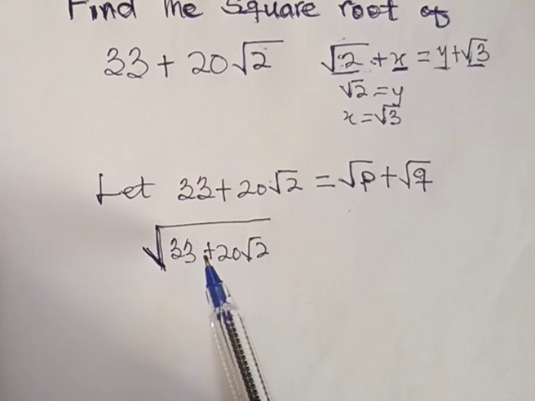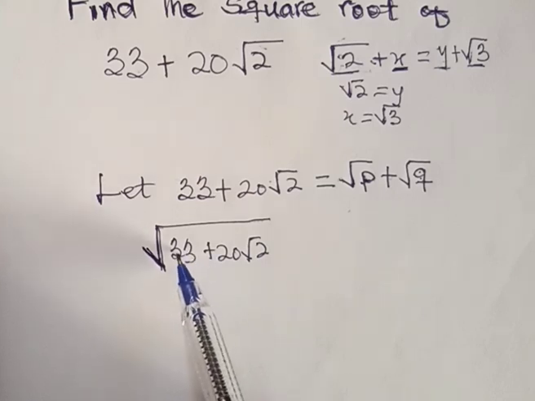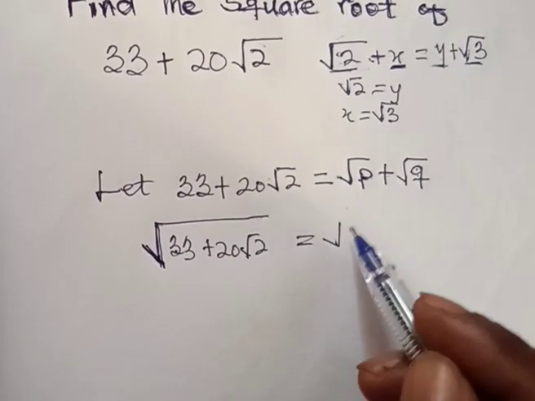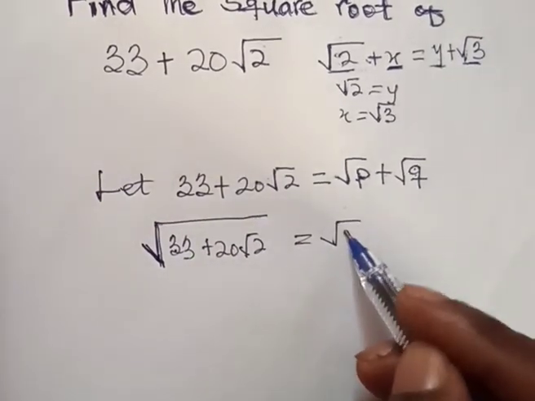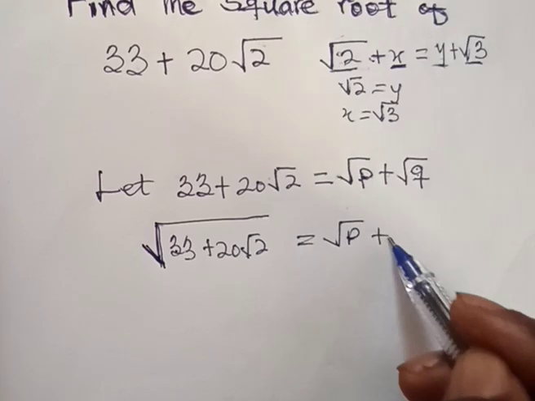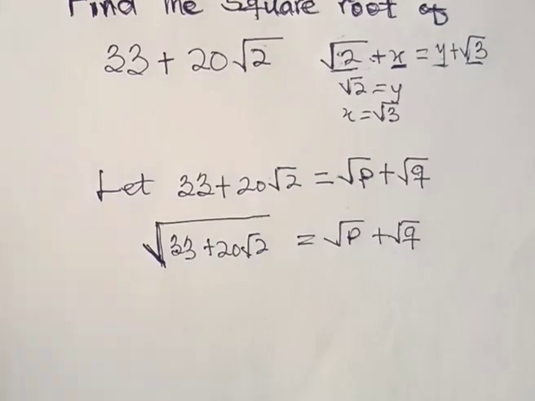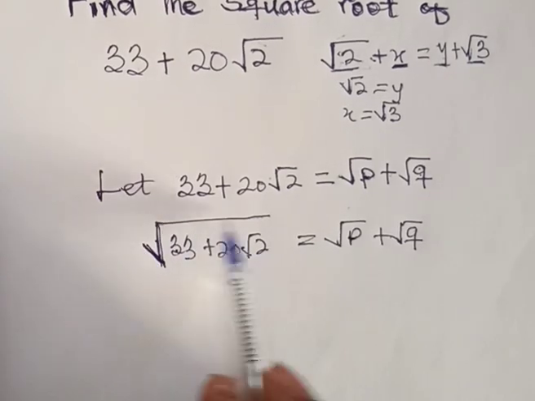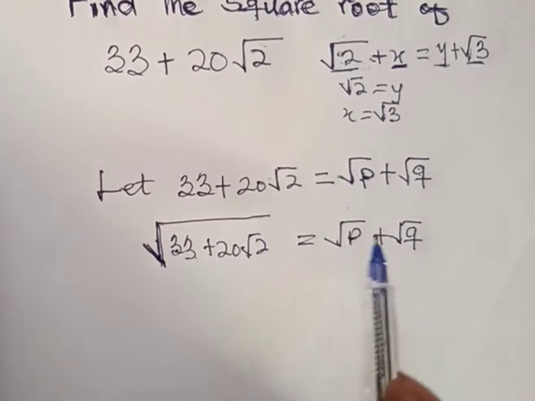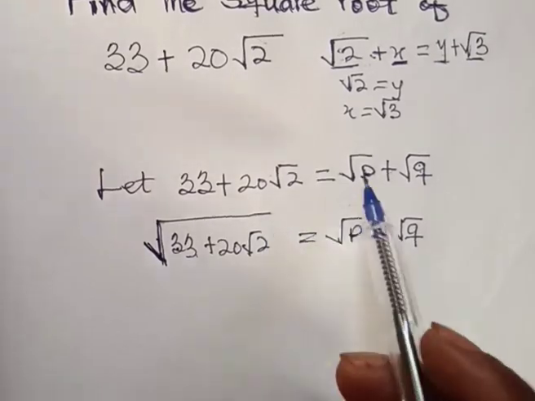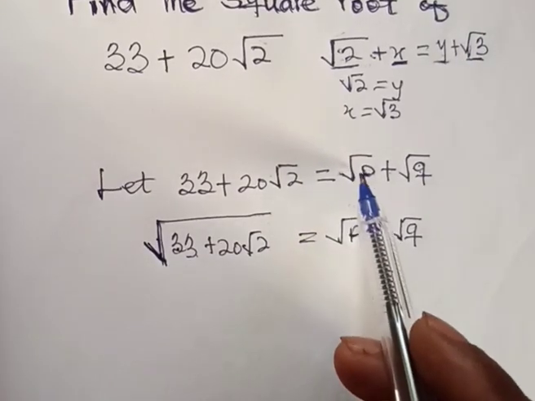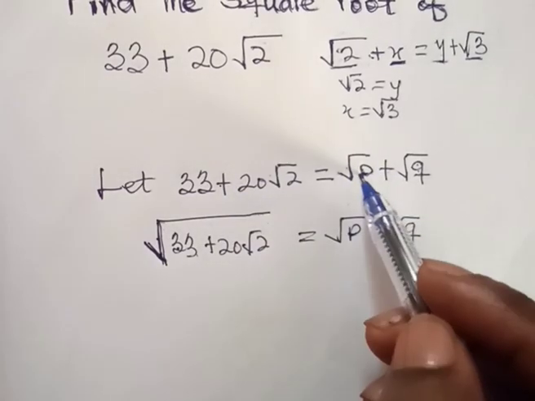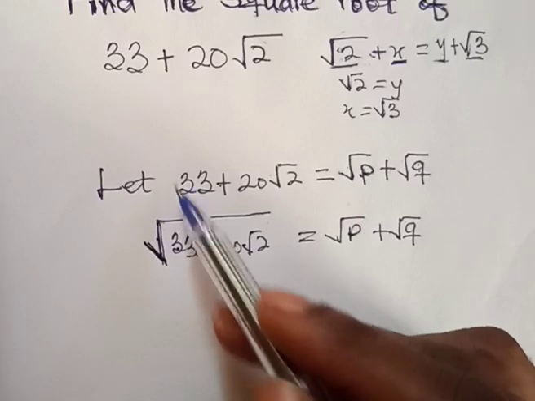Okay, so the question says we should find the square root of this, which should be equal to, he said we should let this be square root of P plus square root of Q. The reason I'm bringing the square root here is because we are going to make a square root.